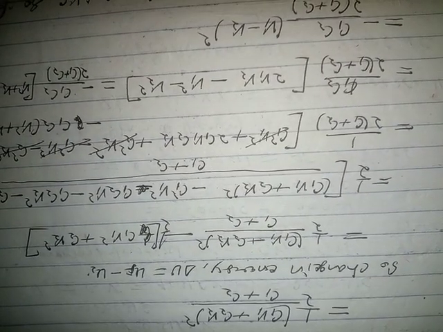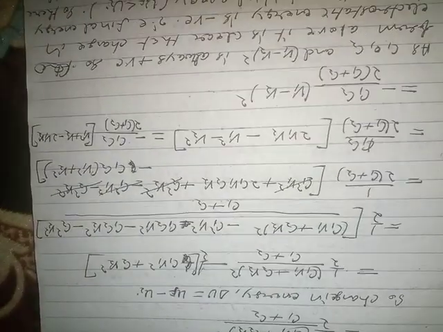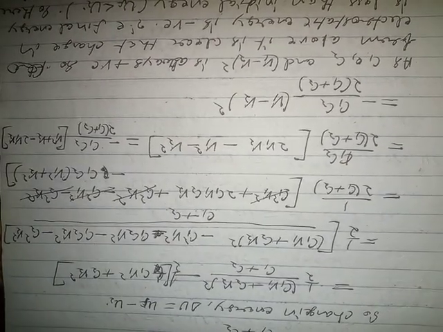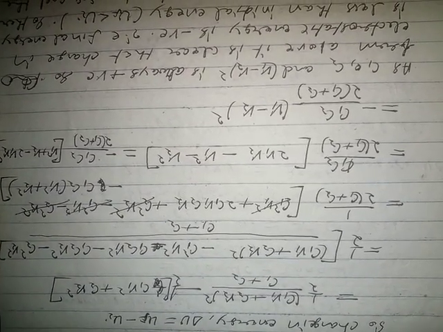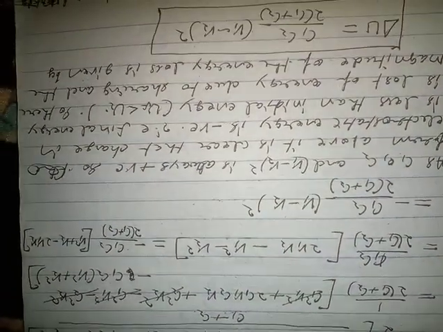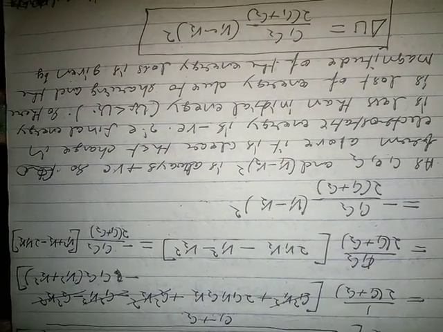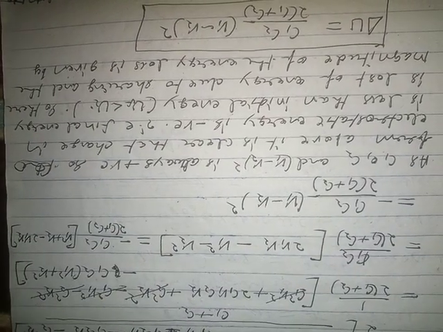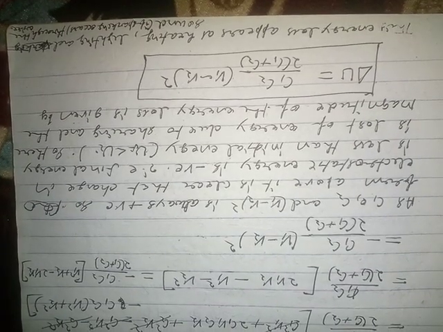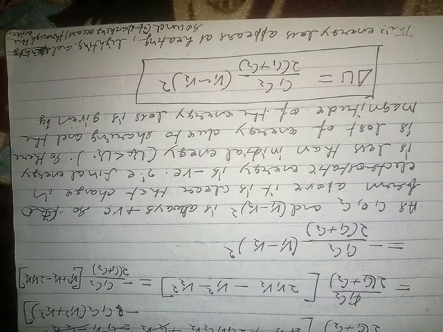So change in energy delta U equals Uf minus Ui. Putting the values of Uf and Ui and solving, finally we get minus C1 C2 by 2 into C1 plus C2 into V1 minus V2 whole square, as C1, C2 and V1 minus V2 whole square are always positive. So from above it is clear that the change in electrostatic energy is negative, that is, final energy is less than initial energy.